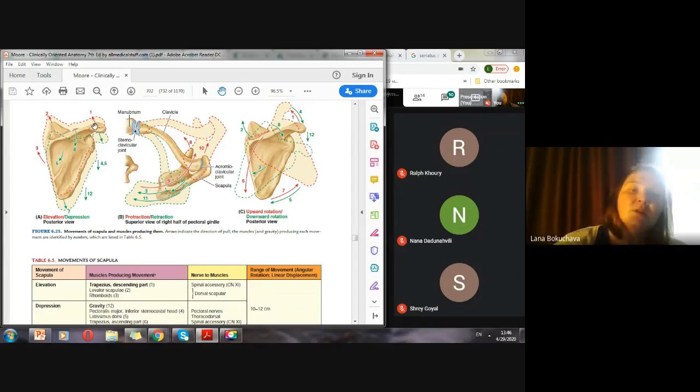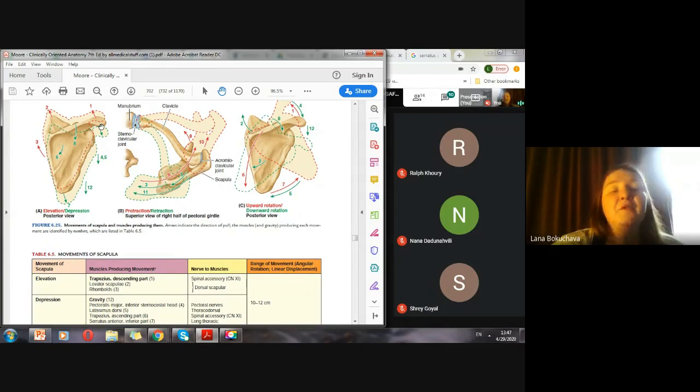If it's the middle one, imagine that the fibers pass from the spinous processes of the vertebral column and attach to the spine of the scapula. So during contraction, they will mainly be pulling the whole scapula posteriorly and medially.